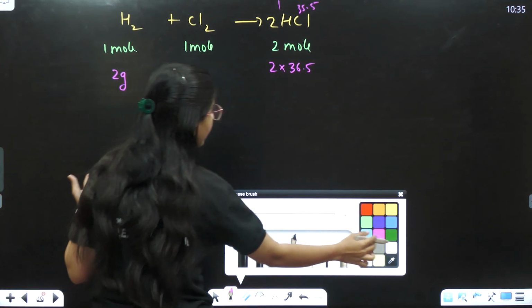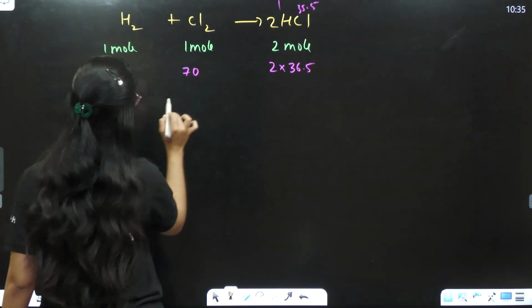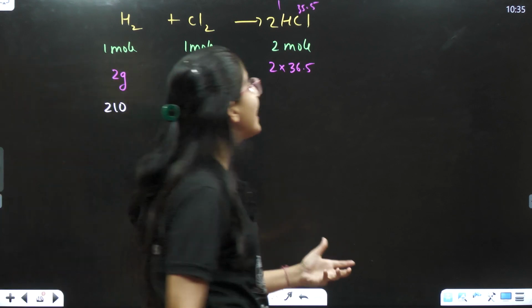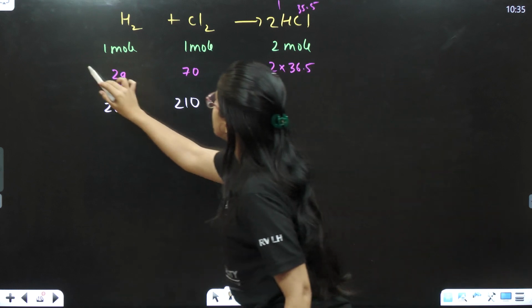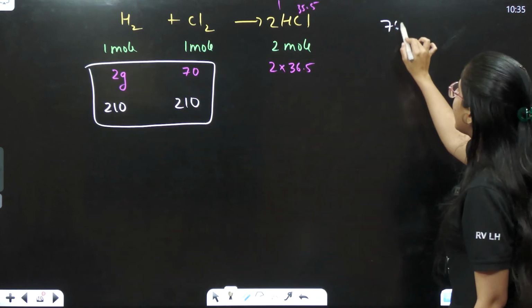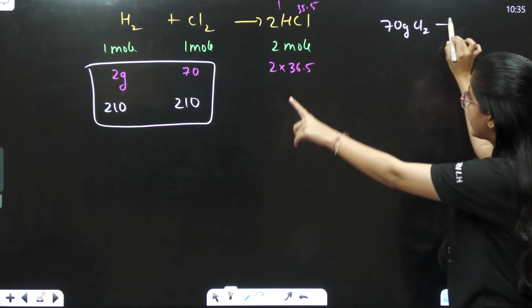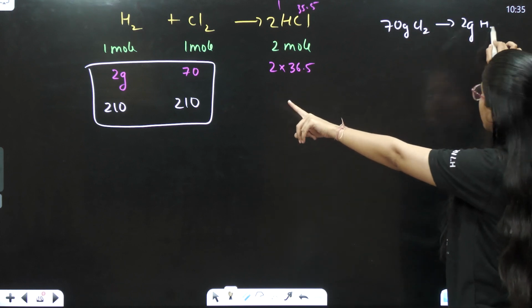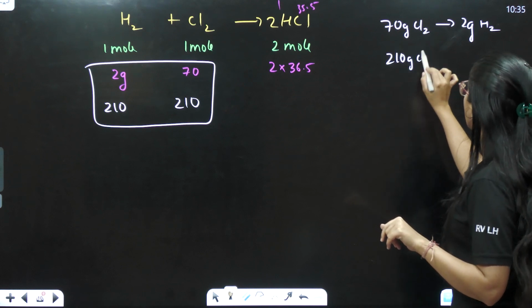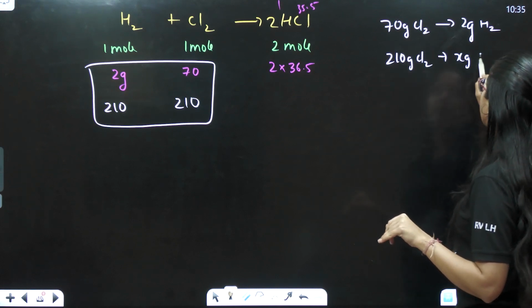Now what is given? Given here is 210 grams, 210 grams. So we have to identify which is the limiting reagent. Carefully observe these two things. Here you can see 70 grams of chlorine requires 2 grams of hydrogen. Then 210 grams of chlorine will require how many grams of hydrogen?